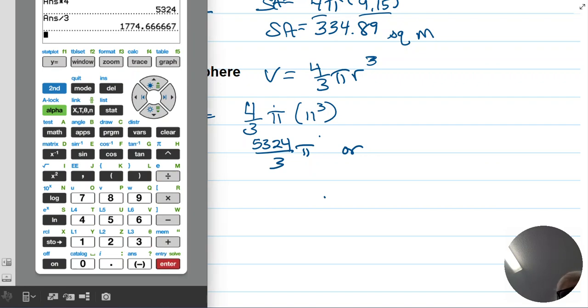And both of these are volume, so they're in cubic yards.